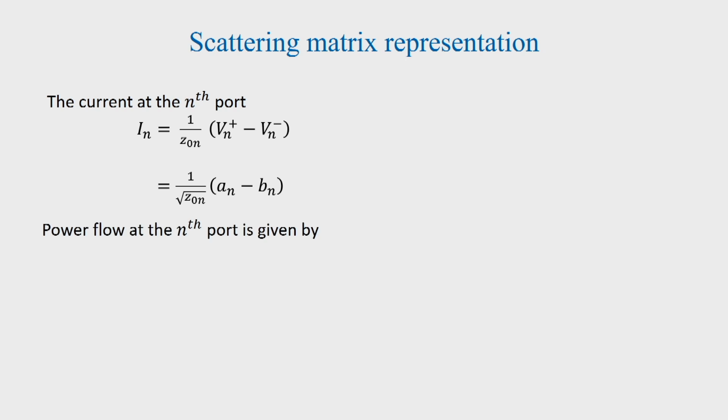And if we calculate the power flow at the nth port, then it is half real part of V n I n conjugate, and when we substitute V n and I n, we get P n is half real part of A n plus B n times A n minus B n conjugate.